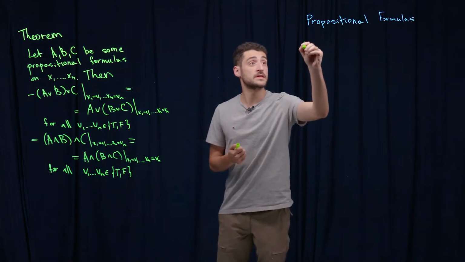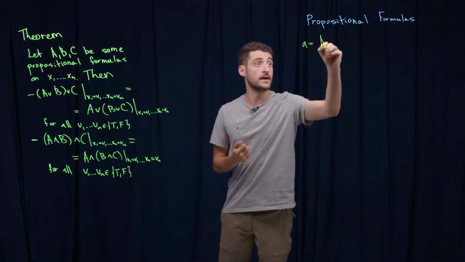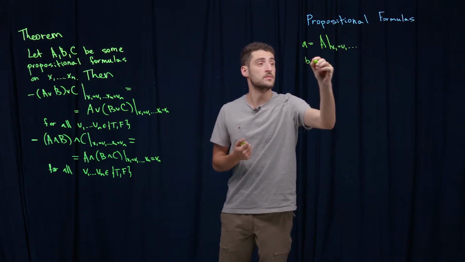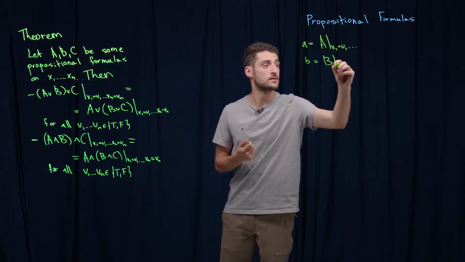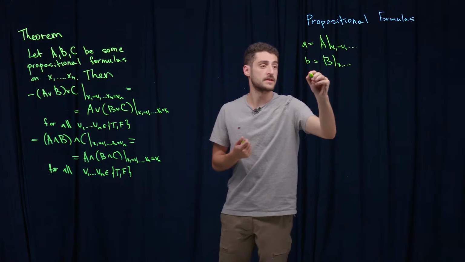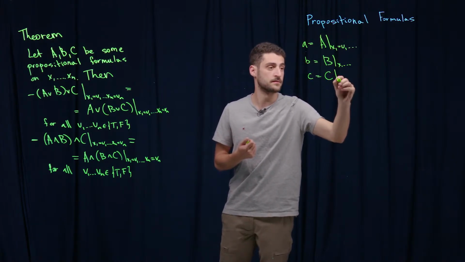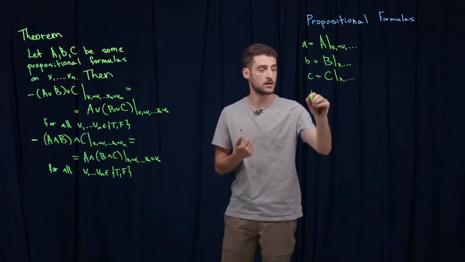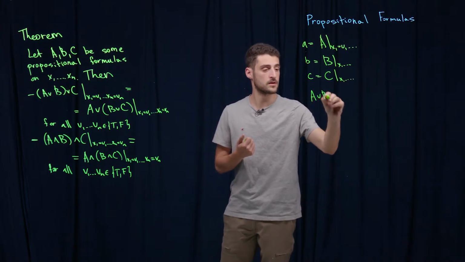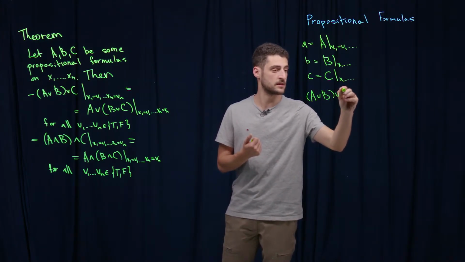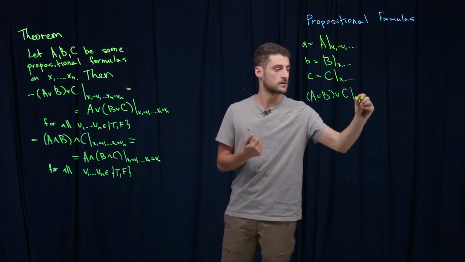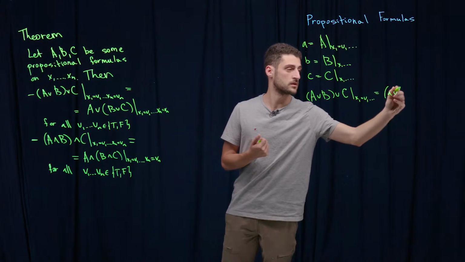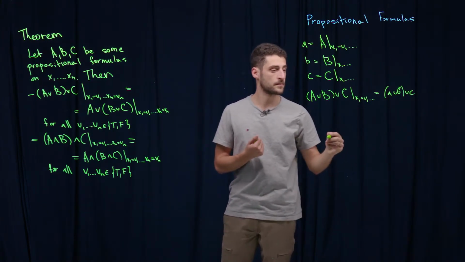So let a be the value of A, b be the value of B, and c be the value of C. In this case, the value of (A or B) or C is equal to (a or b) or c.